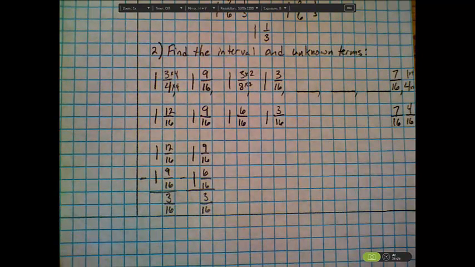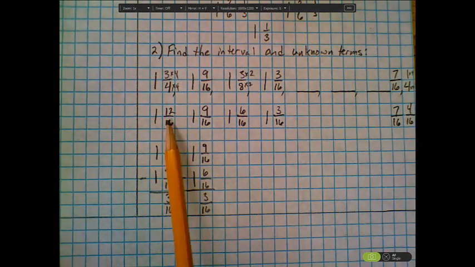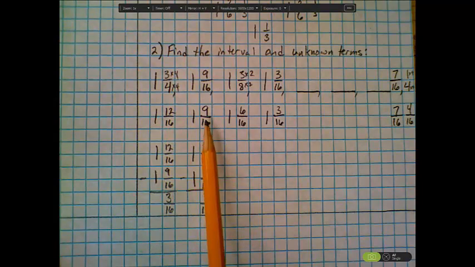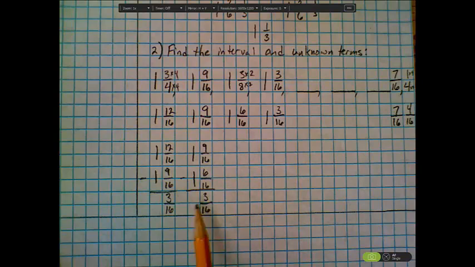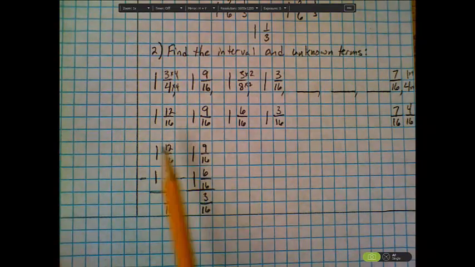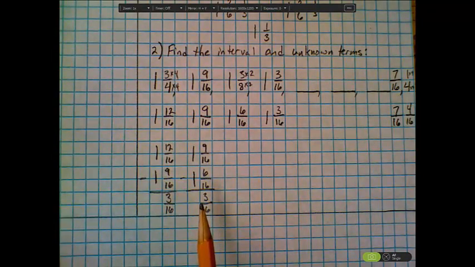So we're going to go with the interval being 3 sixteenths, but we notice that we're starting with the larger number and our numbers are getting smaller. So that indicates to us that we are subtracting 3 sixteenths. So when the sequence gets smaller, that means that the interval is subtracting.